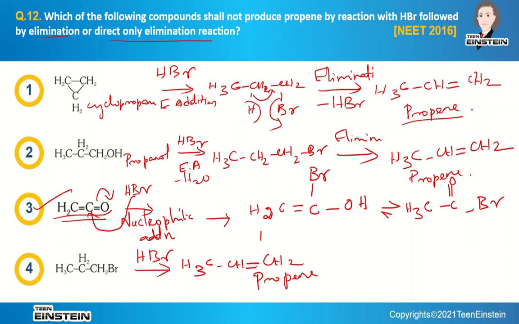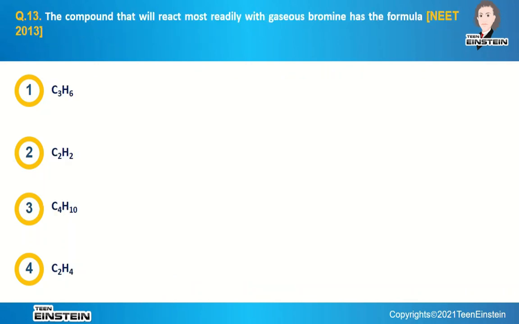So next move on to the 13th question. The compound that will react most readily with gaseous bromine has the formula. So they ask the compound which will readily react with gaseous bromine.